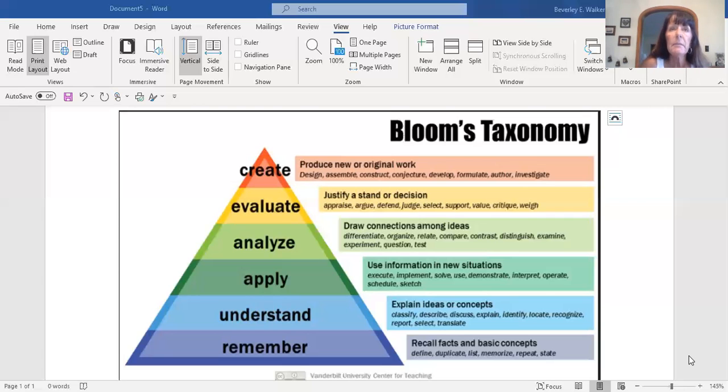So objectives drive the lesson plan. They drive our presentation. They will drive our evaluation of the student. We're not going to evaluate them on something that's not included in the objectives of that lesson plan.